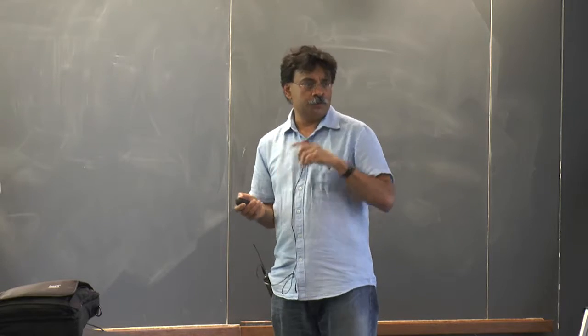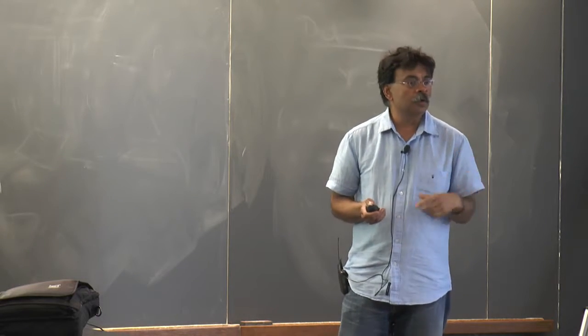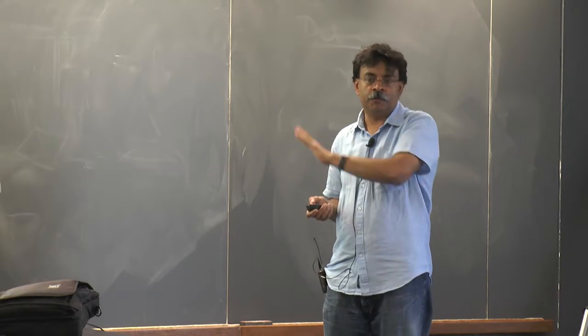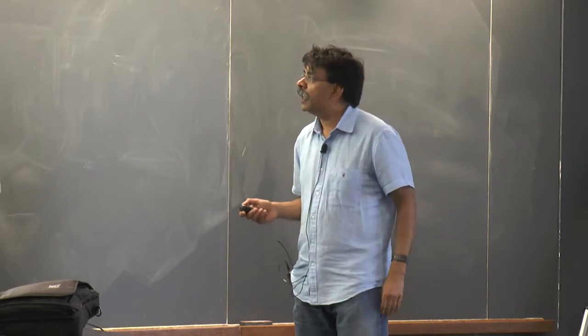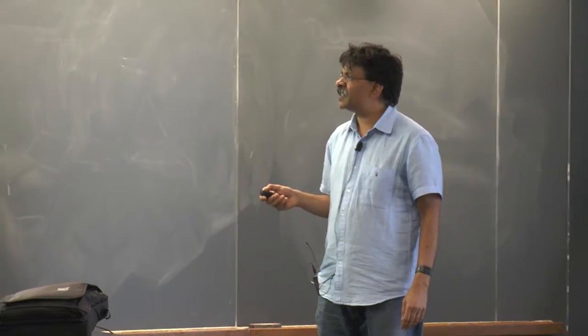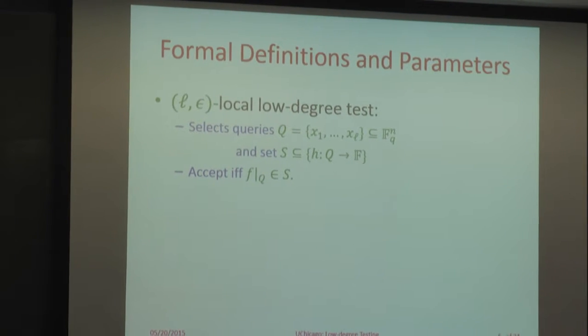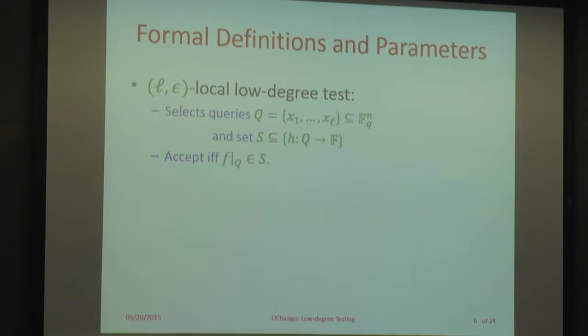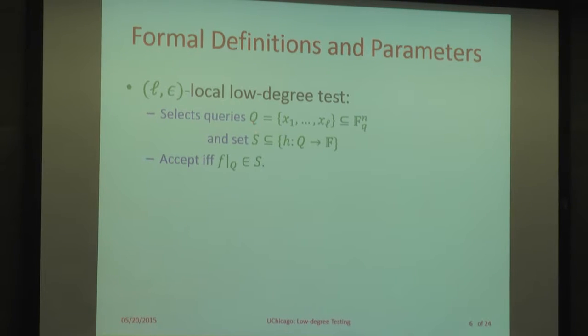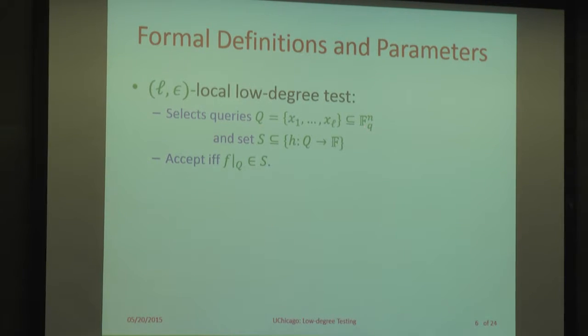Before I go on to telling you why we should do low degree testing, let me define the problem of low degree testing a bit more formally. We will be talking of two parameters. In fact, really the only interesting parameter is the locality L. What is a low degree test? We have this huge domain F_q to the n.